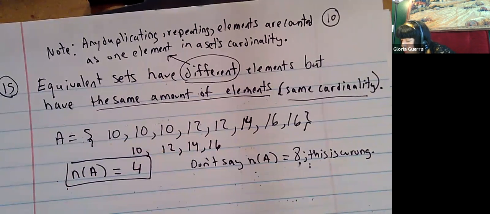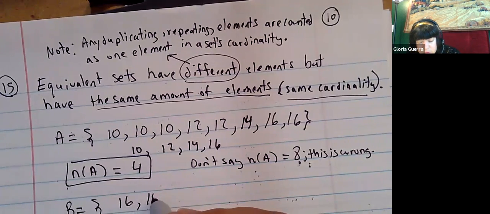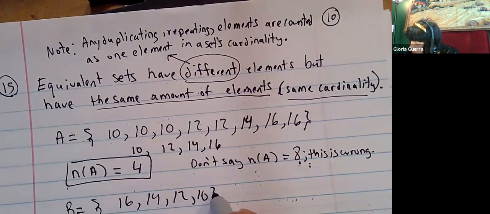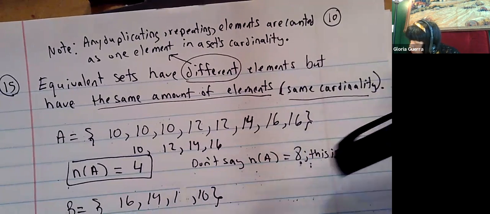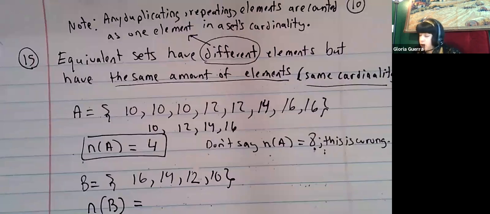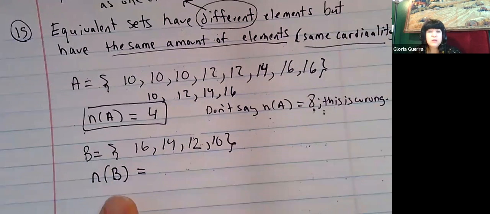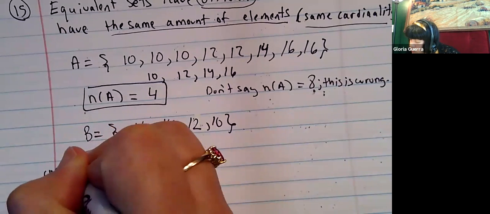Okay, so what about the other set? Let's see, what was the other set? Was B? B was 16, 14, 12, and 10. Okay, so then I can do N of B, finally, N of B, a different cardinality. So remember these are cardinalities.